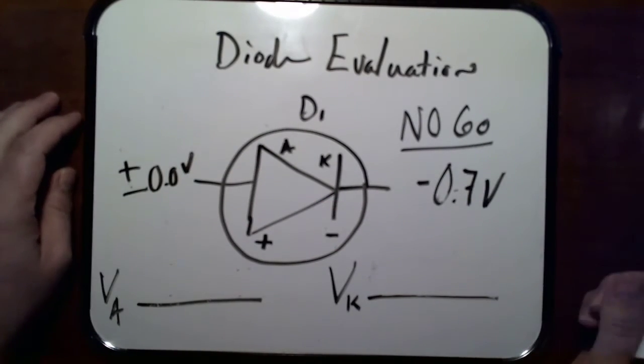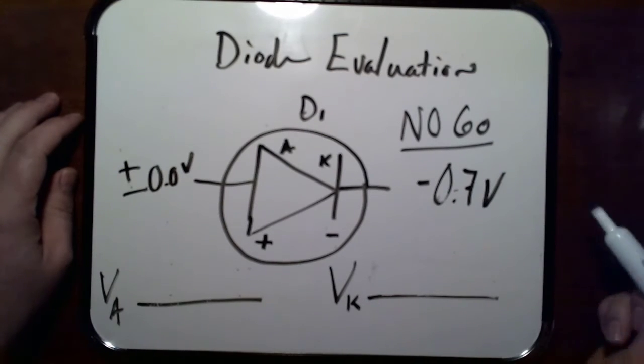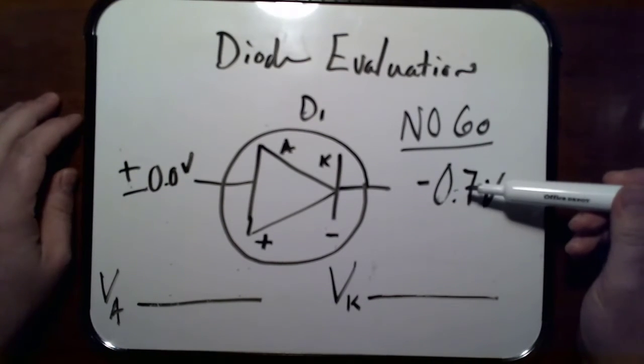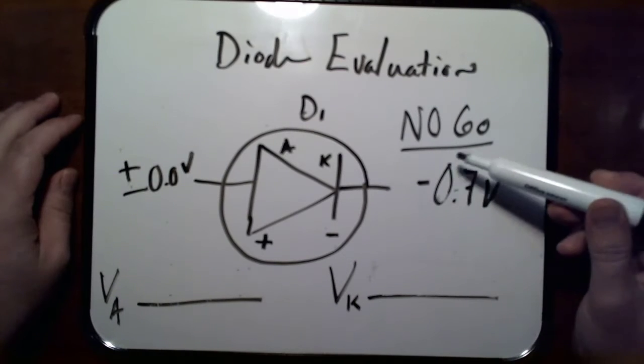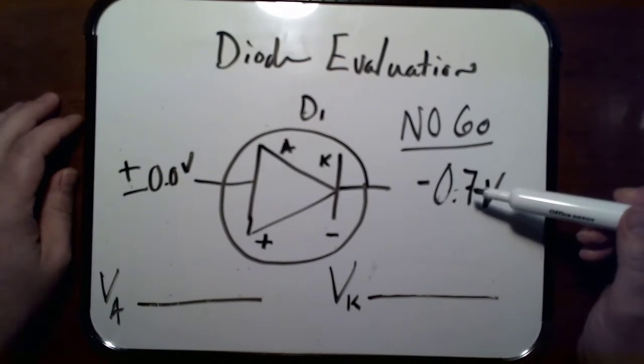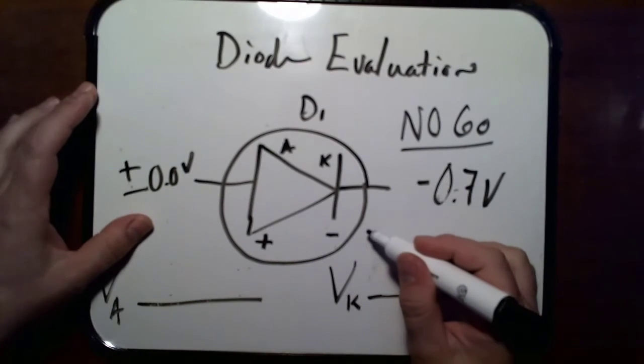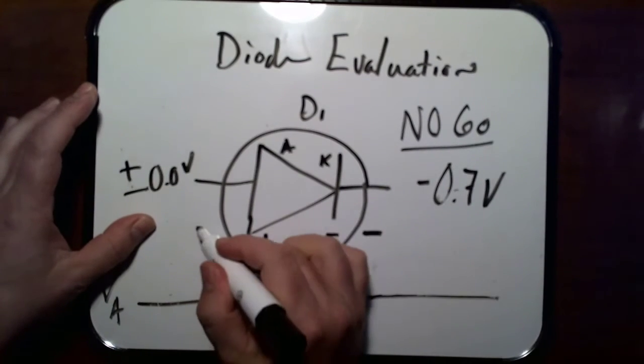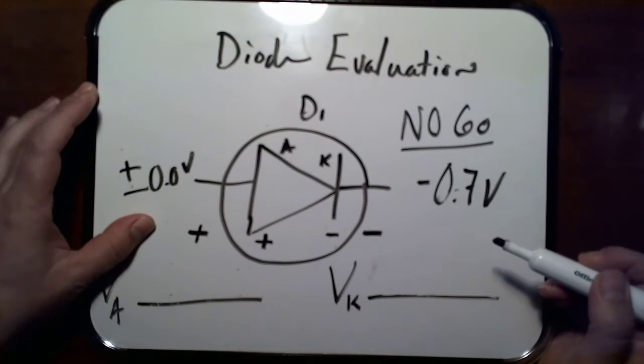Where is my voltage more negative? My voltage is more negative at negative 0.7. I'm 0.7 volts below 0. So I have a more negative voltage here and a more positive voltage here.